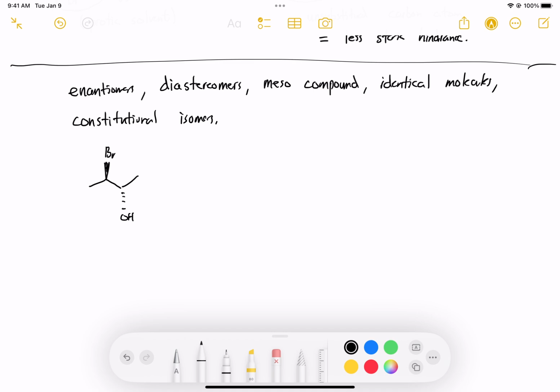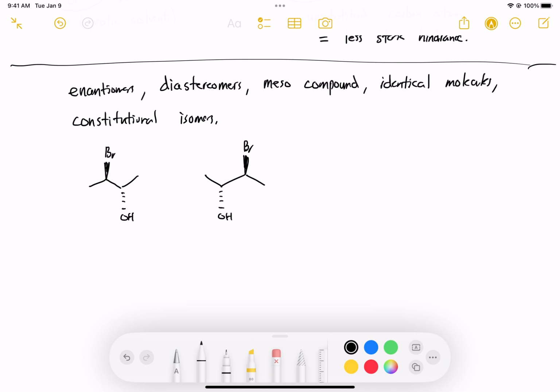So right off the bat, if we look at these compounds, right? So some of these you don't even need to assign R and S right away. Just look at these molecules. So first we can rule out constitutional isomers. And so they may look like they're identical, right? But if we try to superimpose them, we see that the OH and Br groups won't match up because they'll have opposite wedge and dash bonds.